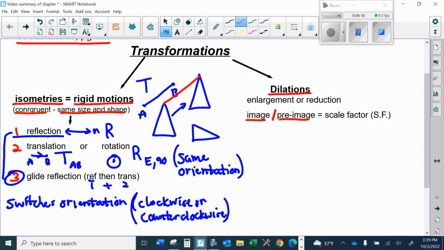There's my distance, that same distance right there from A to B, and it's parallel to it. That's a translation. Versus this would be a rotation, because the pre-image and the image were different. They weren't looking exactly the same. It got rotated. So switching orientation is for 1 or 3, a single reflection and a glide reflection.